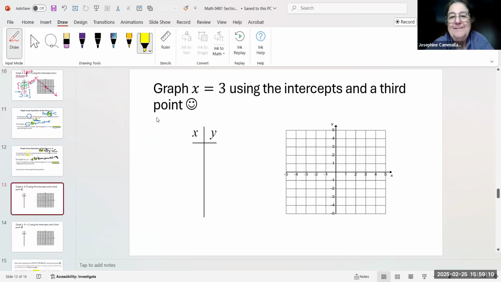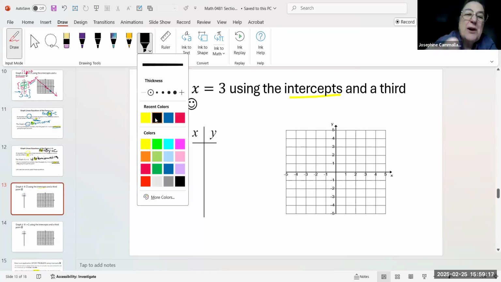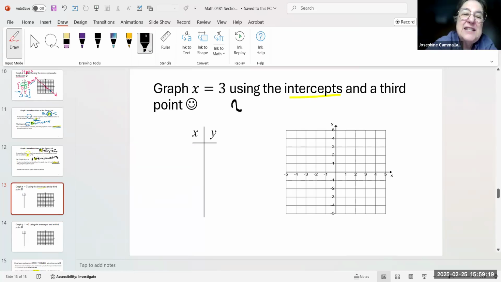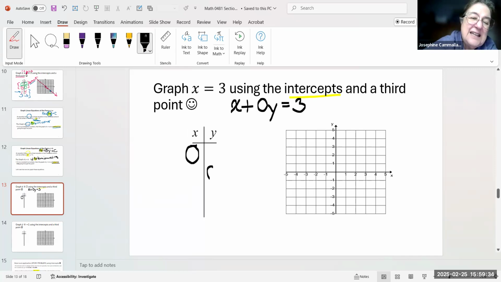Okay. Now, we want the intercepts. This is where you have to recognize this is x plus 0y is equal to 3. This is my 0. This is my 0. Well, I want to show you something.